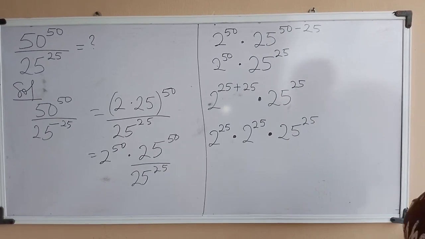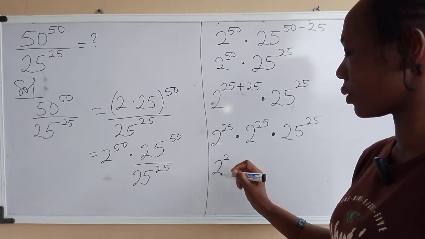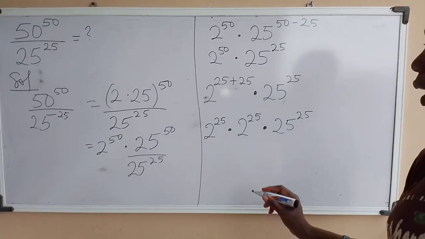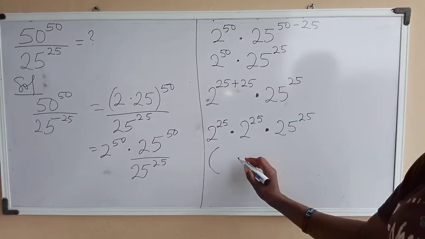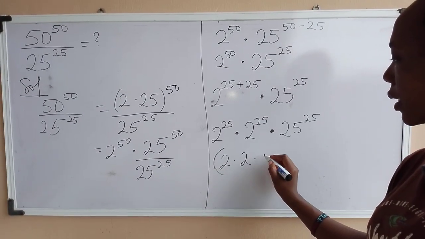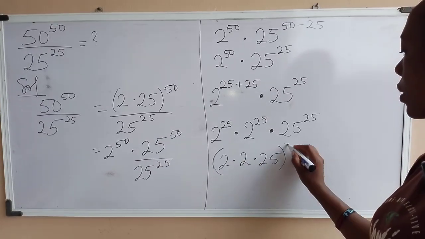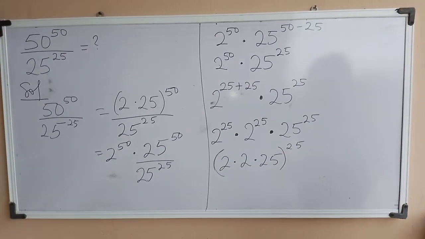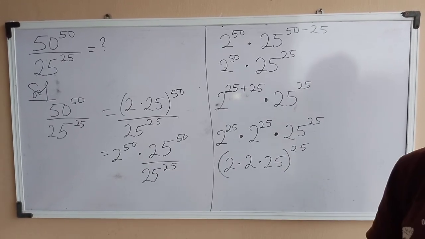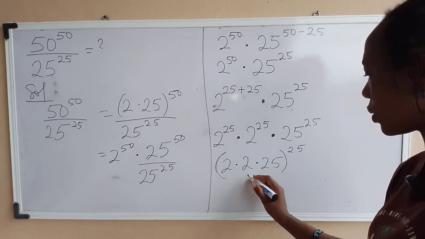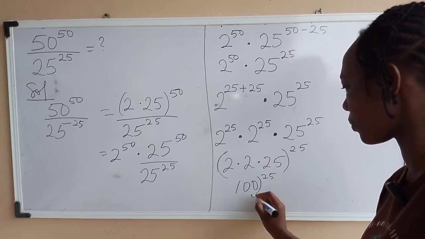Now from here, since they are all to the same power, we're going to take all of the bases inside the bracket, like so. Now, when we multiply all of this, we're definitely going to get 100. 2 times 2 is 4. 4 times this is 100 to the power of 25.